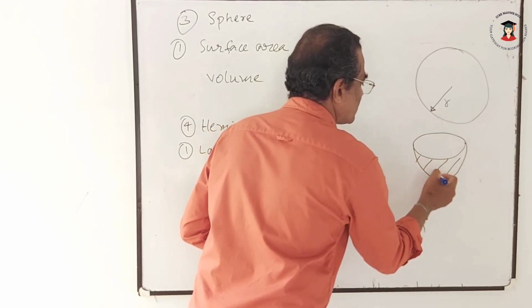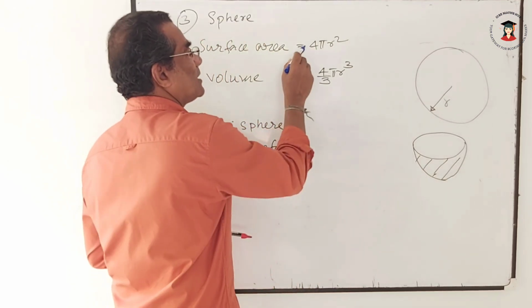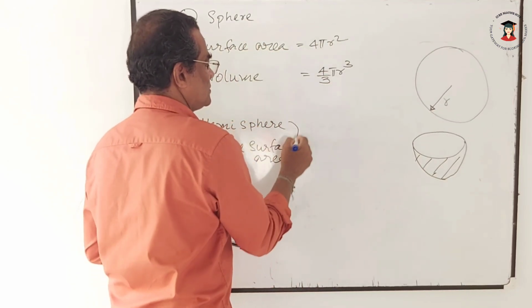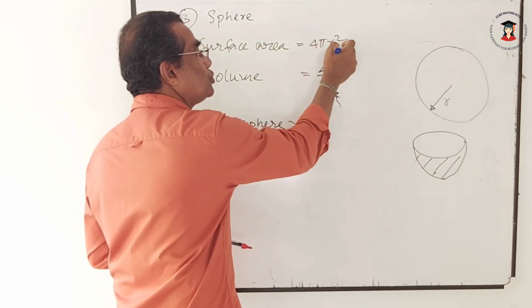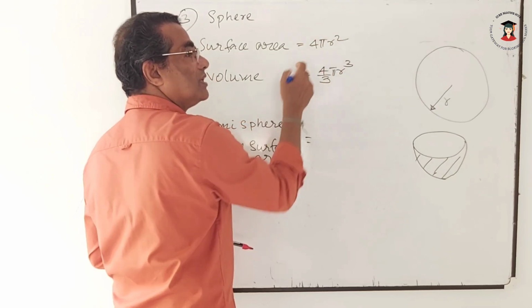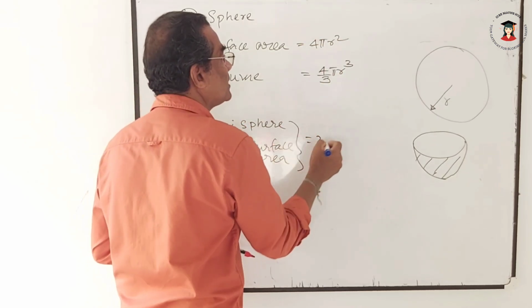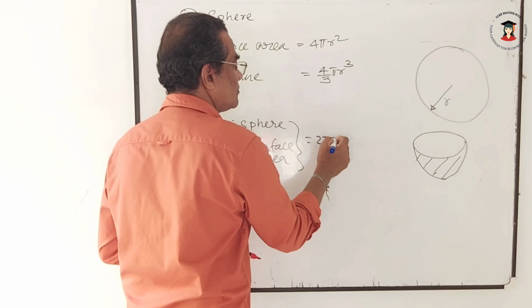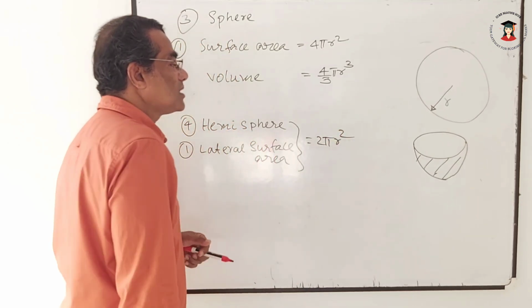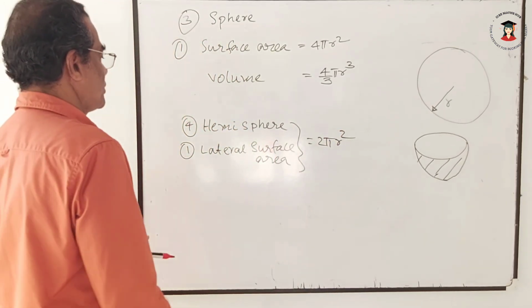This is the lateral surface, and this area is exactly half of the sphere's. If I divide this by 2, 4 and 2 will get divided and you will get 2. The remaining will remain as it is. So it is 2 pi r square.